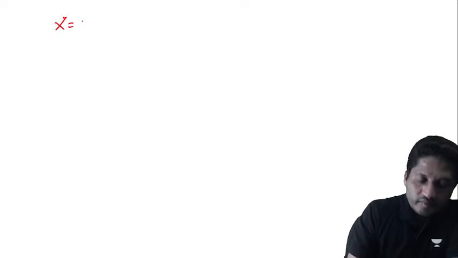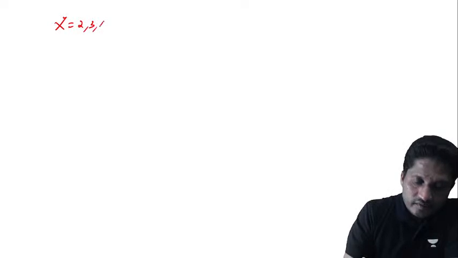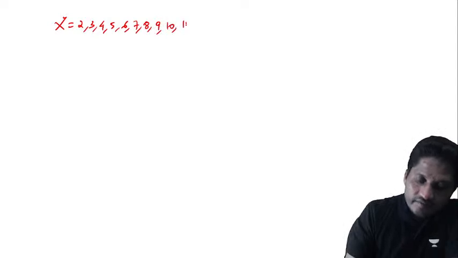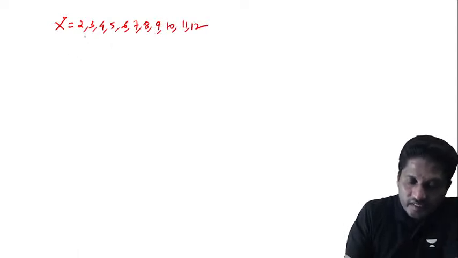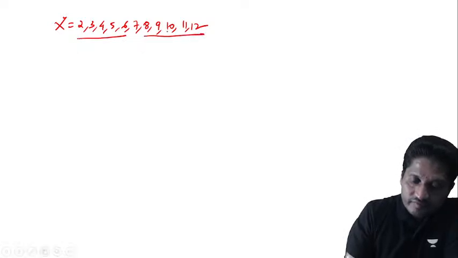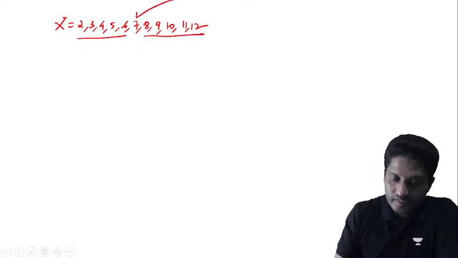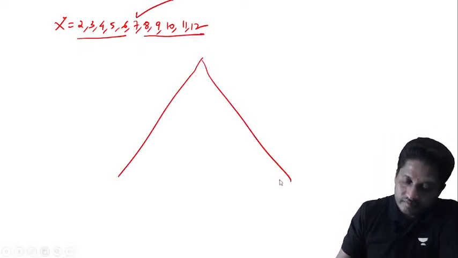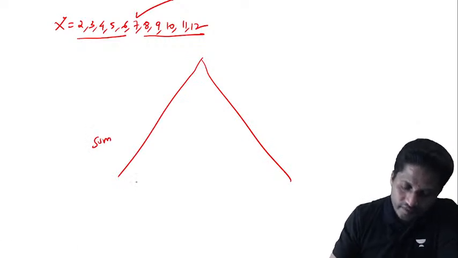X is equal to minimum sum is 2, maximum sum is 12. 2, 3, 4, 5, 6, 7, 8, 9, 10, 11 and 12. Middle term will be 7 only, 5 on the left, 5 on the right. So this is the sum, and then this is the probability.